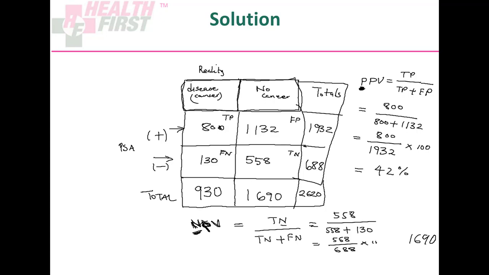Multiply this by 100 to express it as a percentage. This gives you 81%. So this means that the probability of not having prostate cancer among men with a negative PSA test was 81%.